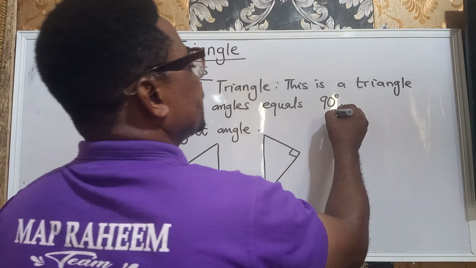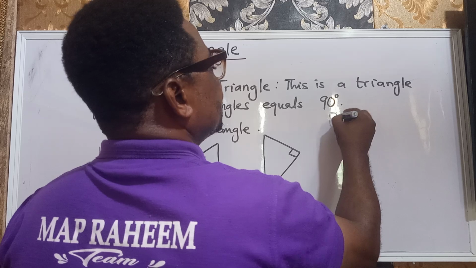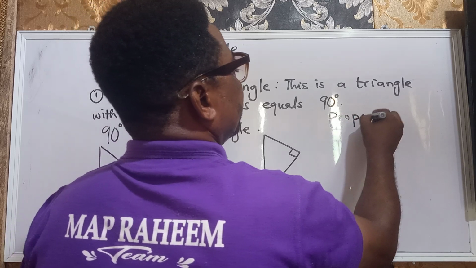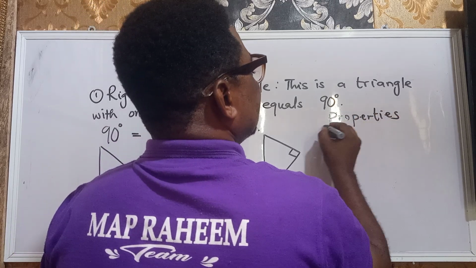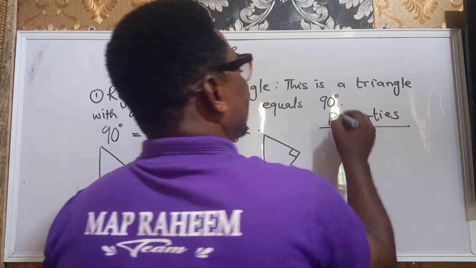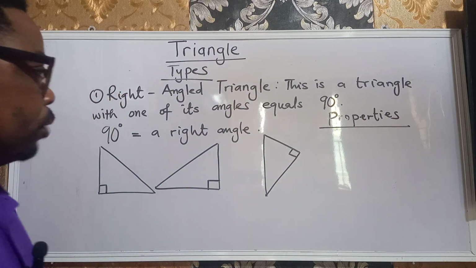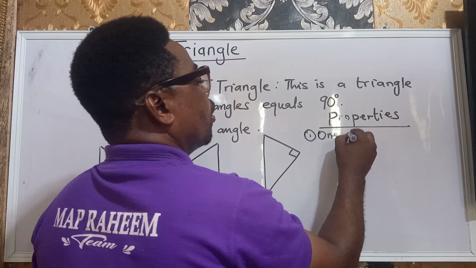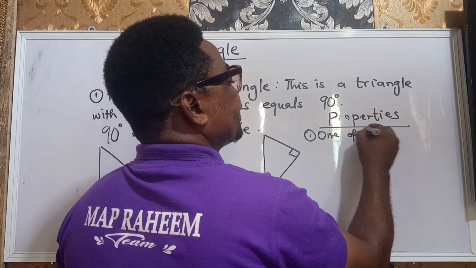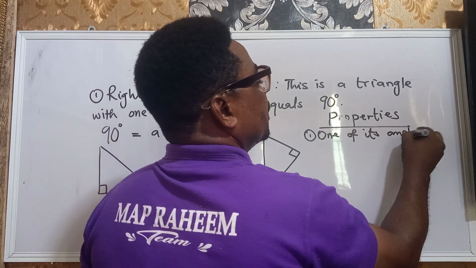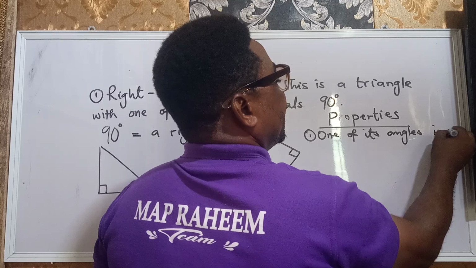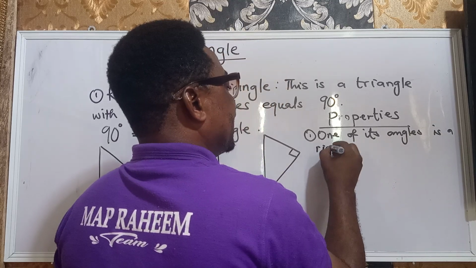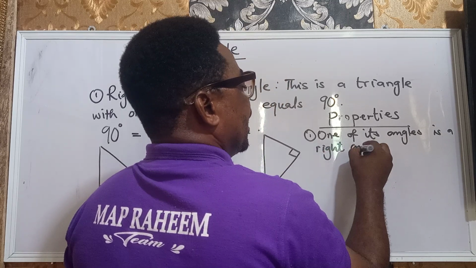Let's talk about the properties that are unique to this right angled triangle. Number one, one of its angles is a right angle.